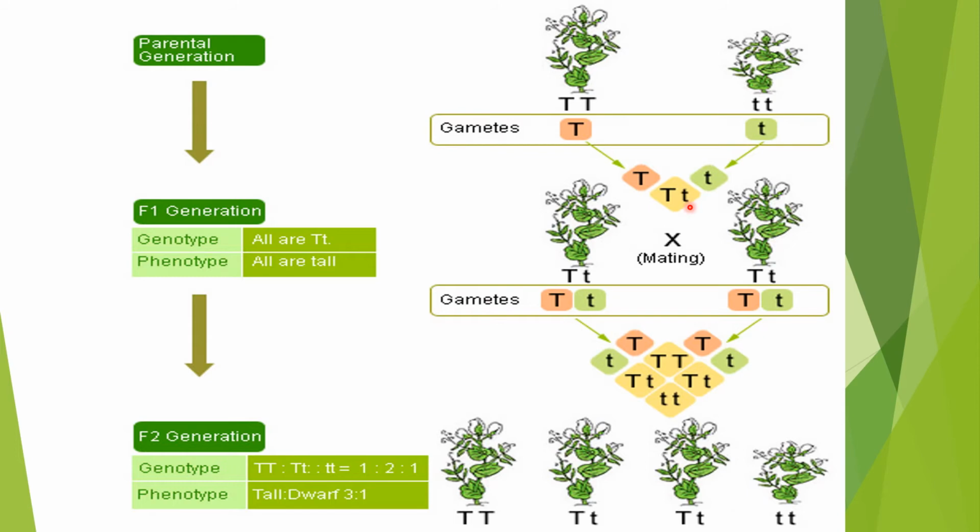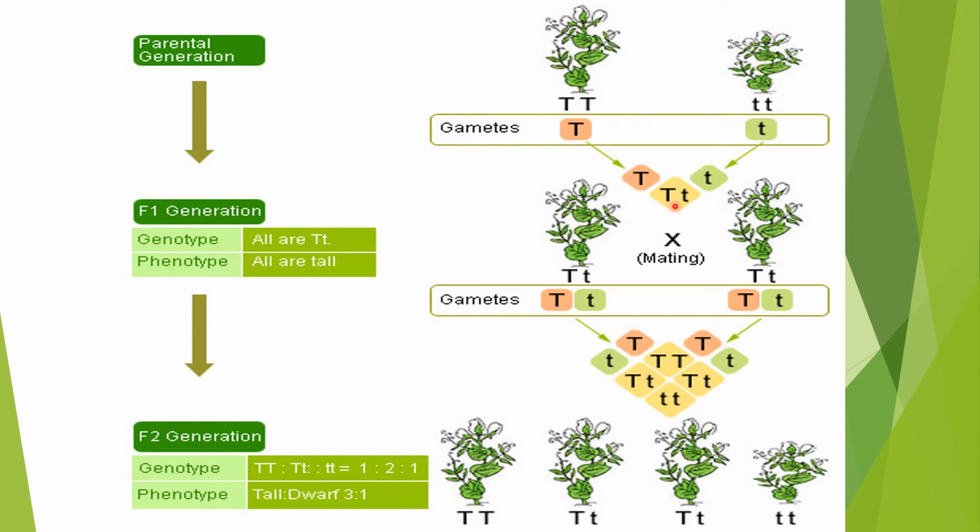There is no such thing as medium size. I had told you earlier, whenever the capital T gene is present along with the small t, capital T being the dominant gene or the dominant allele, it expresses itself and manifests tallness in the next generation.